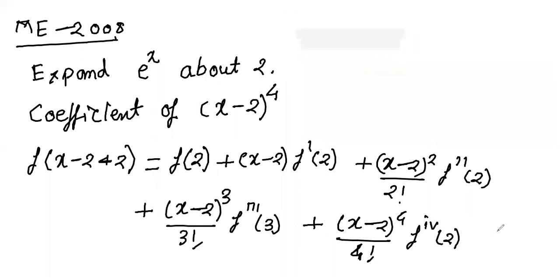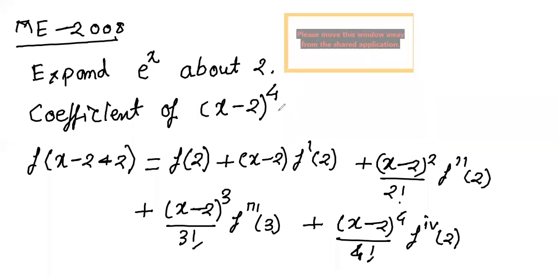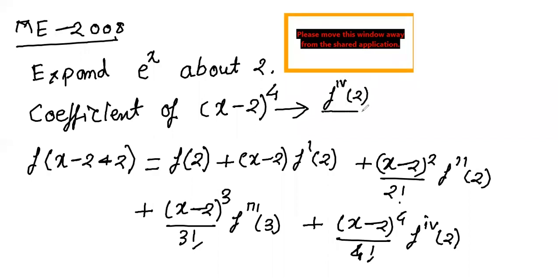So in the question what they have asked, coefficient of x minus 2 to the power 4. So the answer is f 4 times differentiation at 2 divided by 4 factorial.